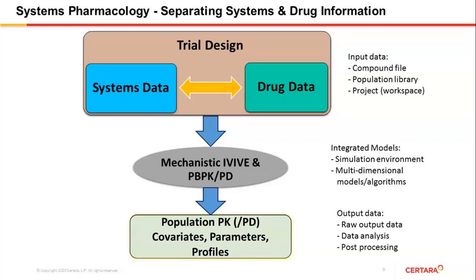So in the context of what we're talking about today, the mechanistic algorithms are centered on some of the features I've already described in terms of the PPB model and the other tools.